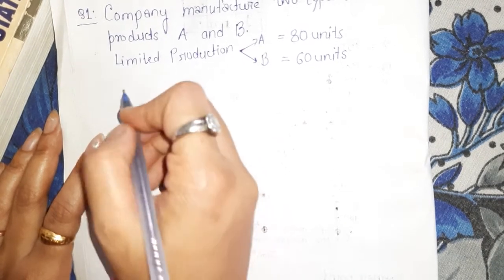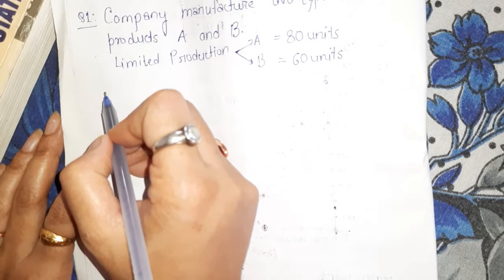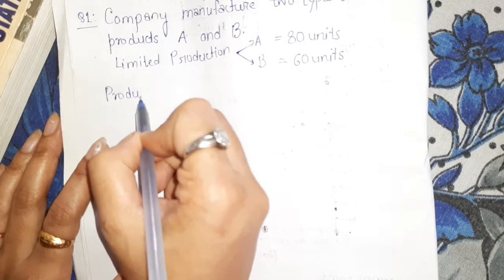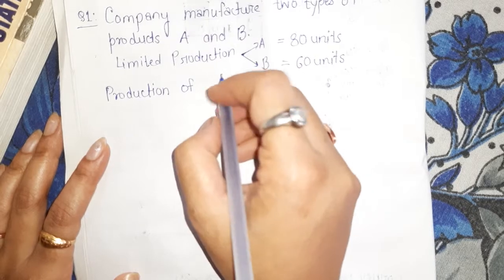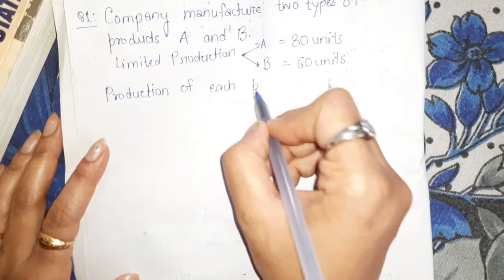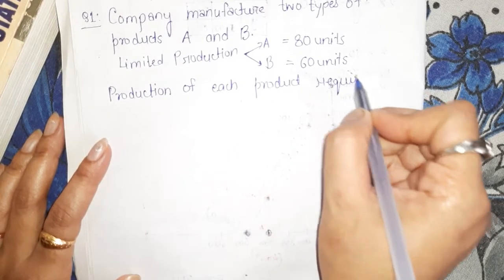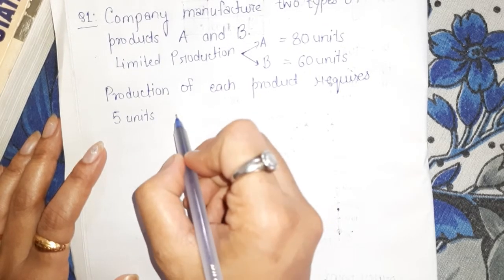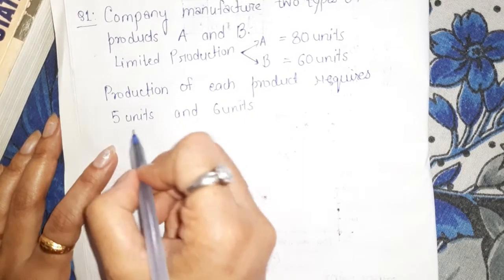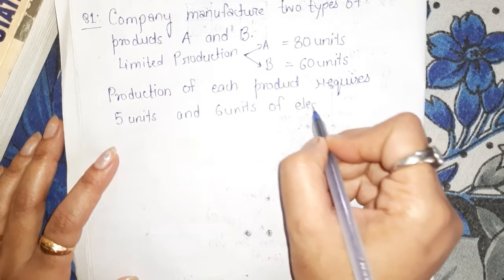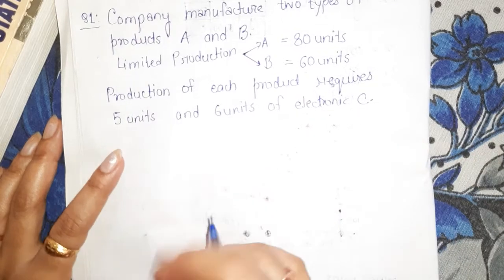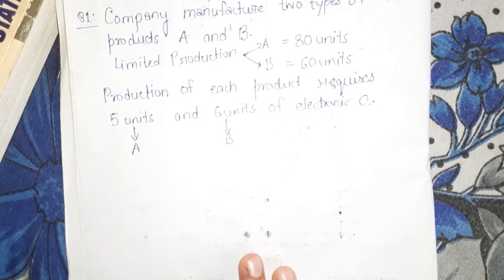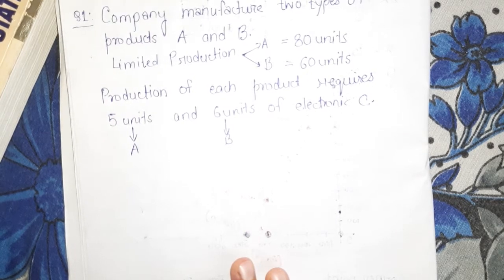Means the production of each product requires 5 units and 6 units of electronic components. 5 units is for product A, and 6 units is for product B. Means to produce product A, 5 units are needed, and to produce product B, 6 units of electronic components are needed.